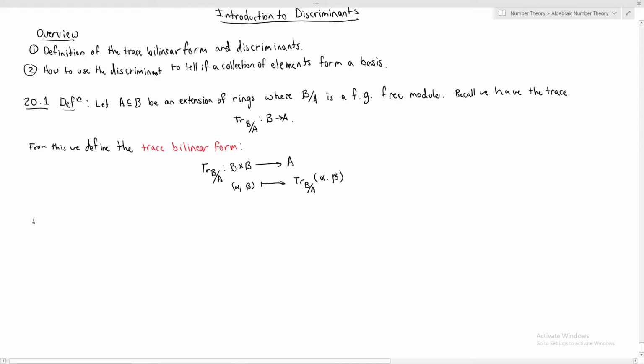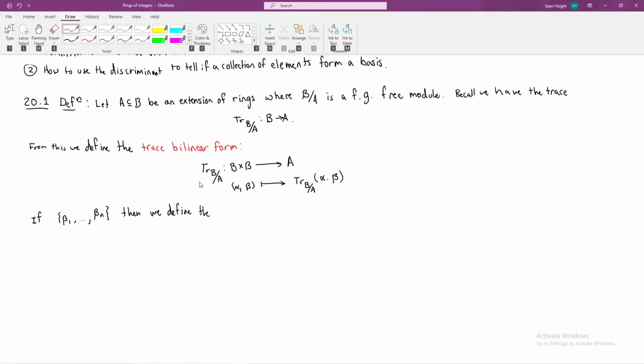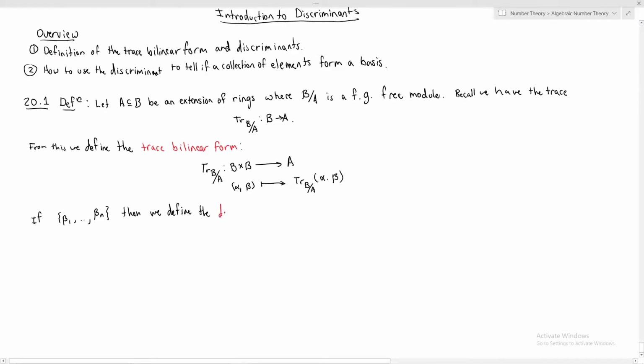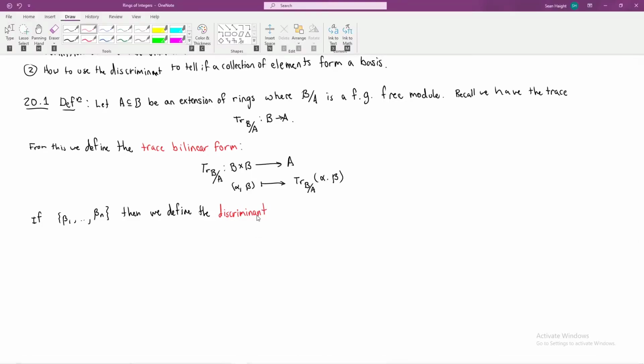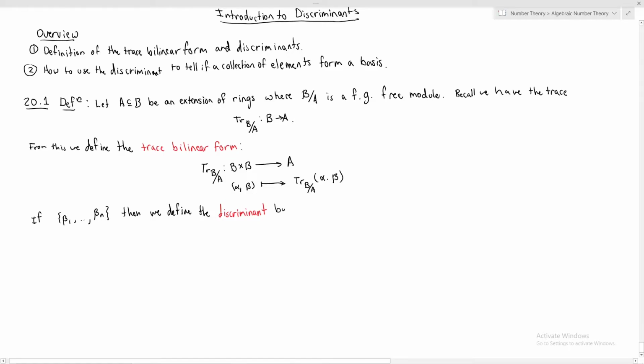So if, let's say I have some collection of elements, beta 1 through beta n, then we define the discriminant of these elements by formula.